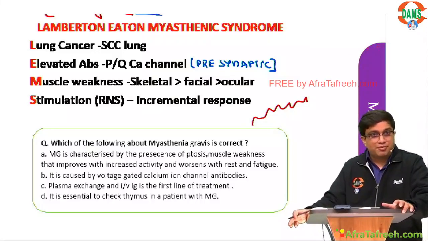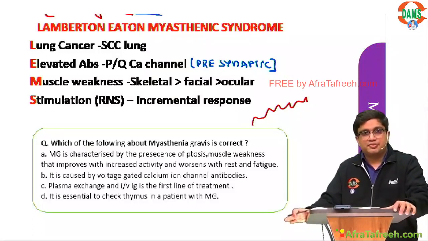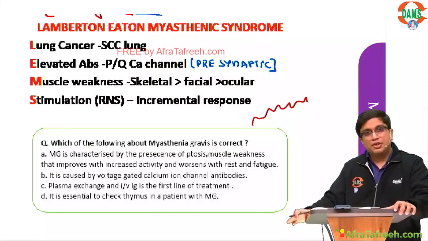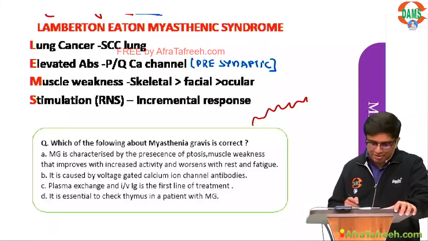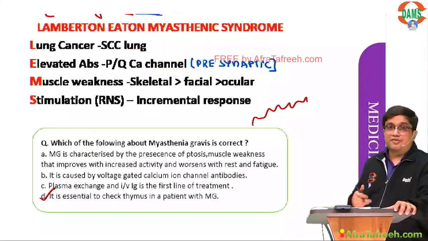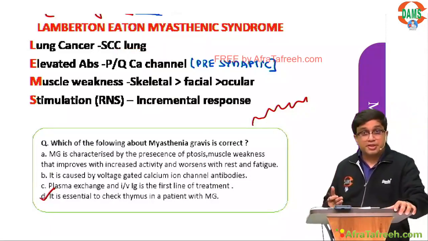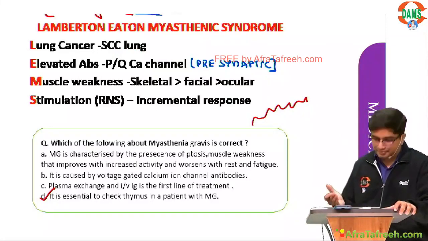It is caused by voltage gated calcium ion channels. No. Plasma exchange and IVIG are the first line therapy for myasthenia. No. They're only given for patients of crisis. It is essential to check the thymus in a patient of myasthenia gravis. That's a correct statement. Because if they have a thymoma, which can cause a paraneoplastic or a compressive trouble, it's always better to remove it as soon as possible.